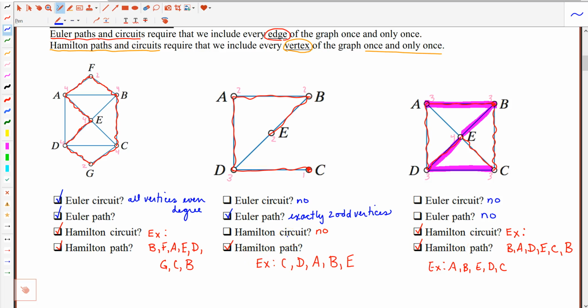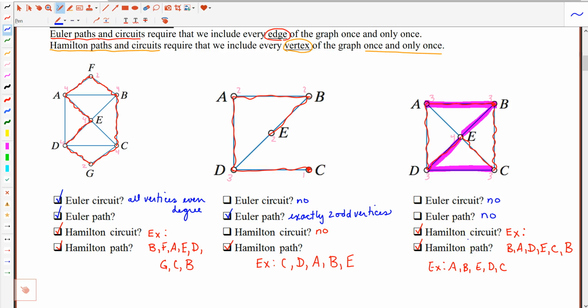Now, Euler gave us some cool theorems to tell whether or not there are Euler circuits or Euler paths by looking at the degree of the vertices. So you might be waiting for the big reveal in terms of how we can tell whether or not there are Hamilton circuits and Hamilton paths in the graph.